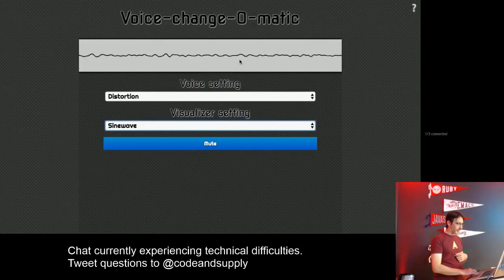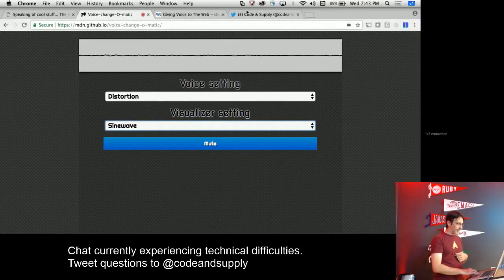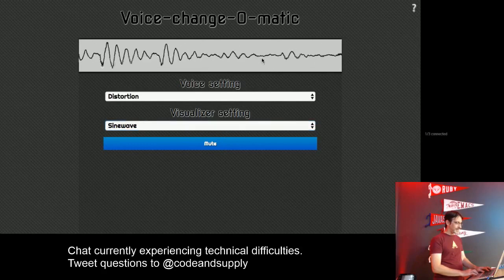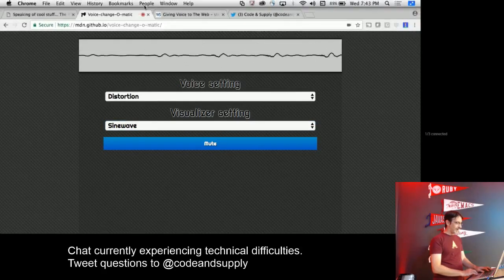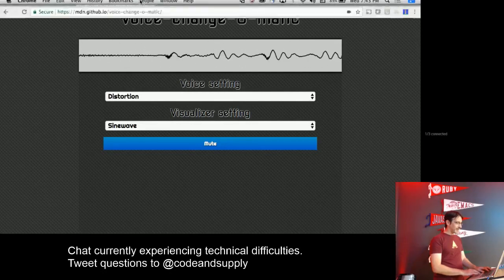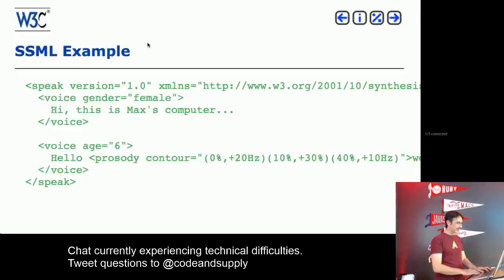Hello, hello? It's not going to work for me. So that's not piping into the speaker. Yes, the demo gods are angry. Well, that's a shame. It might be because I have something else that's using the mic.